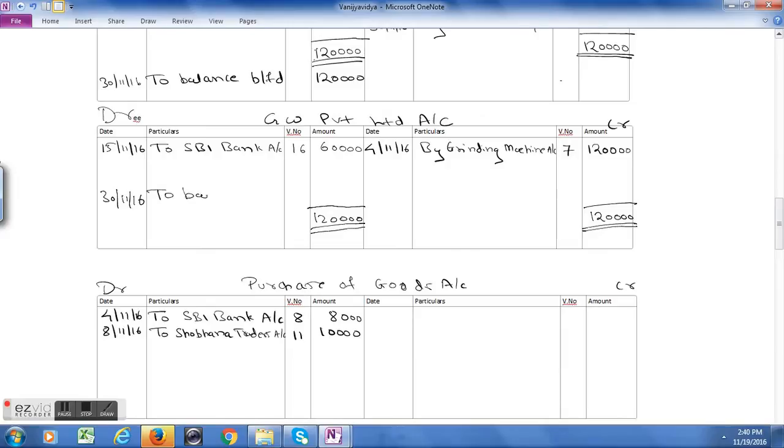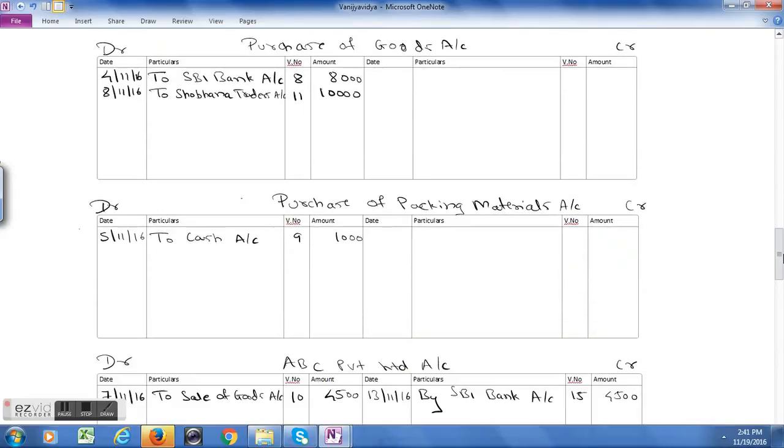So that is our balance carried forward on the debit side, 60,000. So same balance we will take it on the credit side, so balance brought forward 60,000.